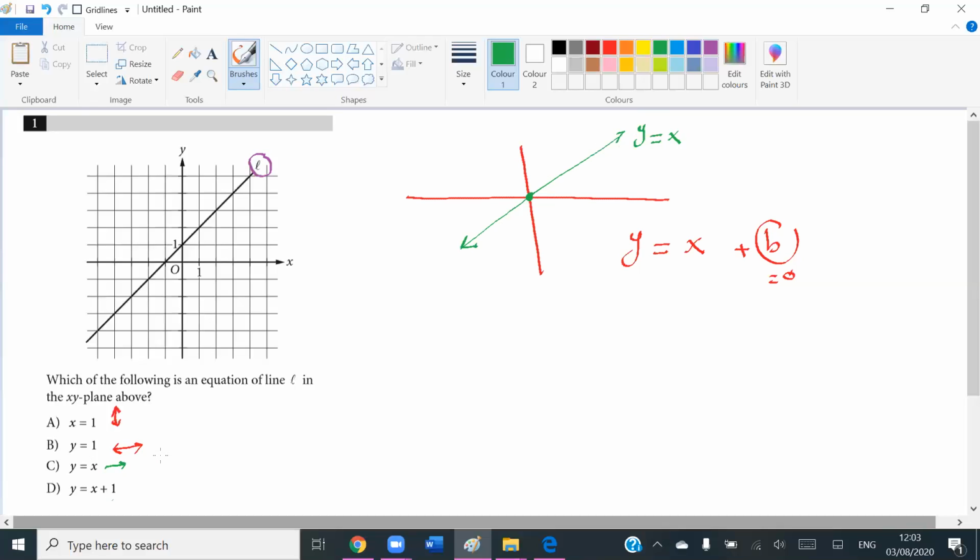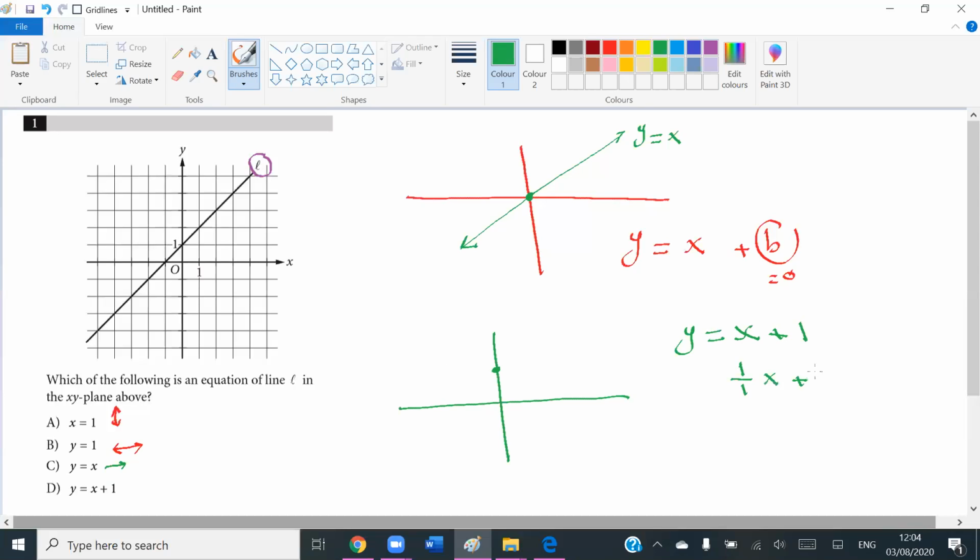What about D? If I need to graph D, I start by graphing 1, the y-intercept. So this is 1. And the slope is 1 also. You have the equation y equals x plus 1. What is the value of m? It's 1, which means 1/1.